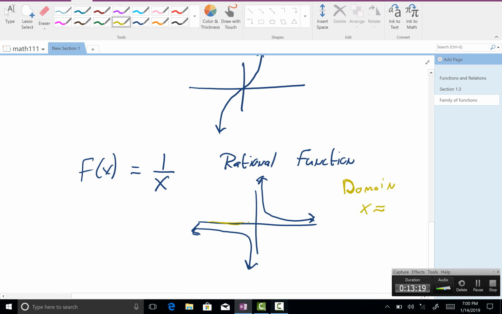So that's the domain and the range, and that's a rational. Again, that's also considered a power function. It's just the power happens to be a negative number. So most of these are power functions except for that absolute value one, which is not.